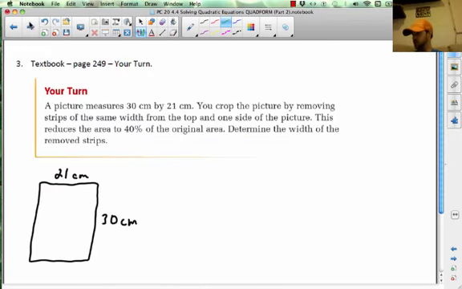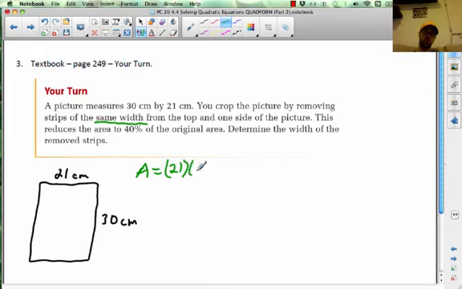Moving on. Last one here. The picture measures 30 by 21, so this is what it looks like. You crop the picture by removing strips of the same width from the top and one side of the picture. This reduces the area to 40% of the original area. Now, we know the original area.